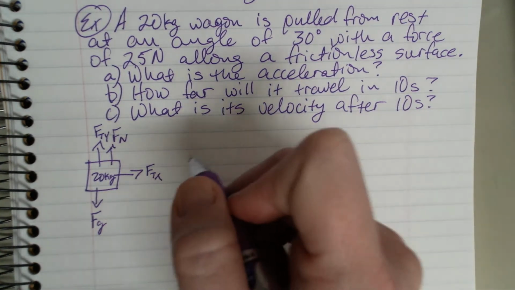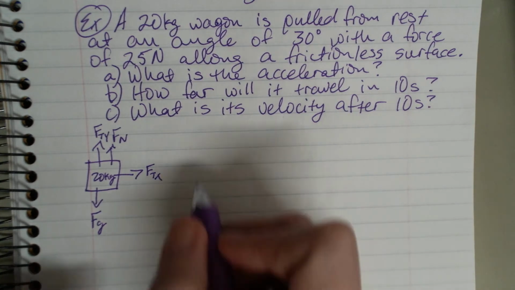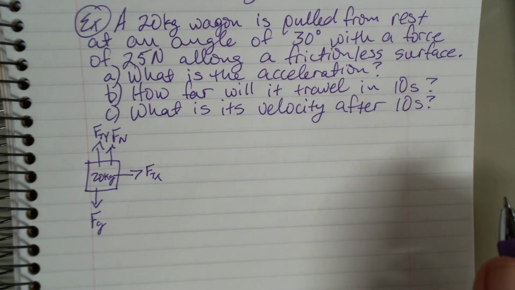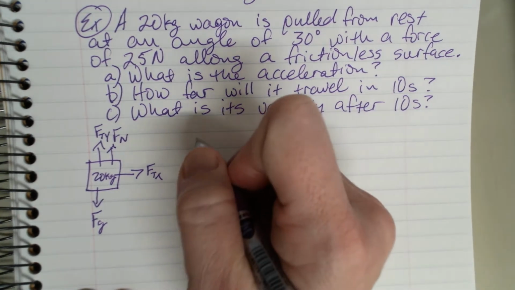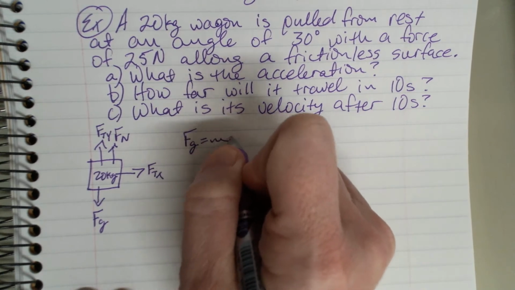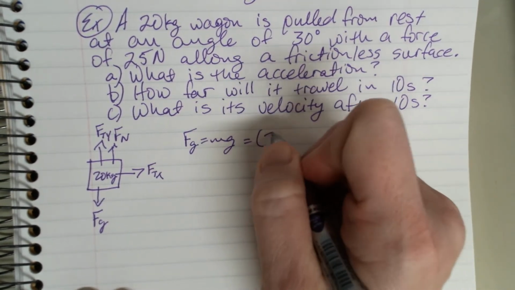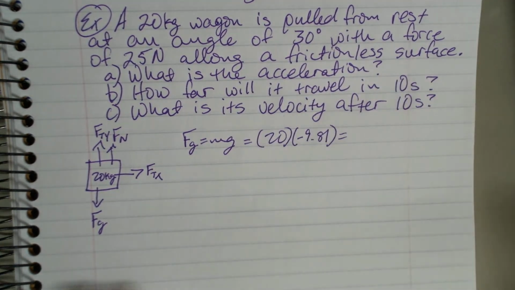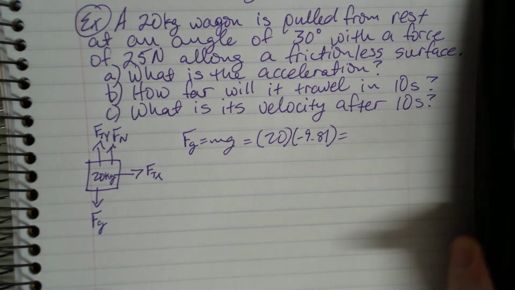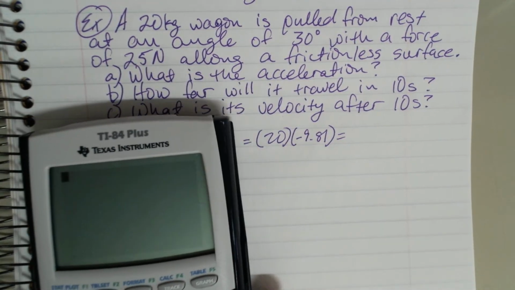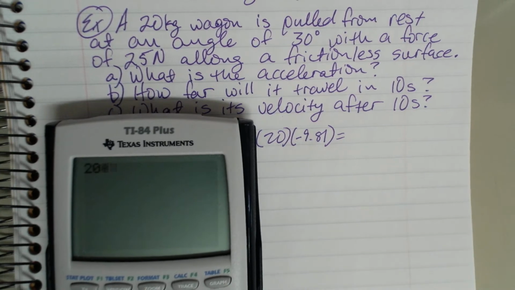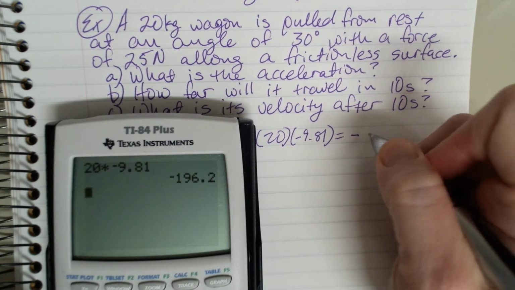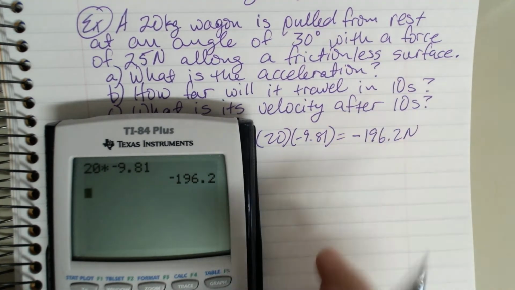I'm going to go ahead and calculate some of these things real quick, so I can sort out what I need for acceleration and travel, okay? I know that my FG equals mg, so that's 20 times negative 9.81. Okay, so I get negative 196.2 newtons for my FG.